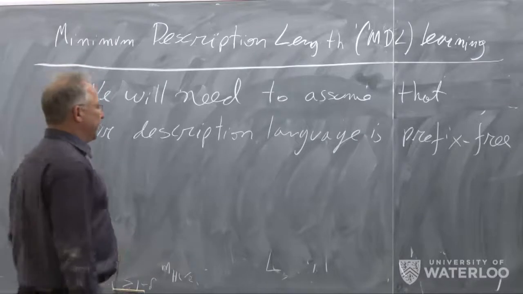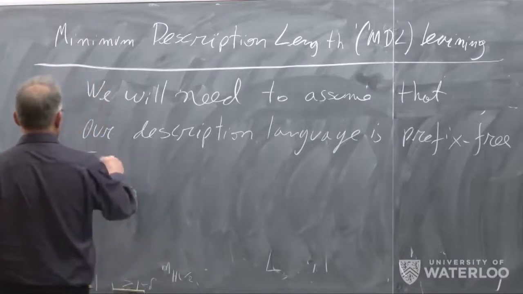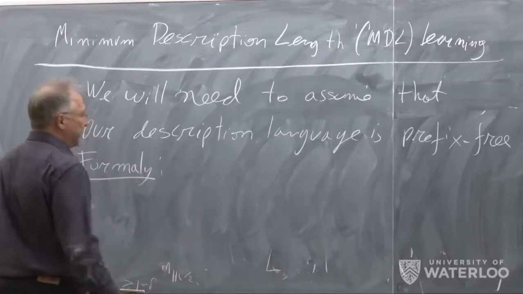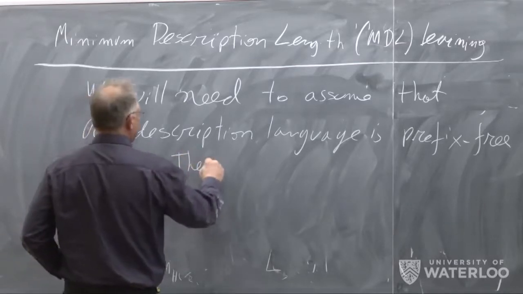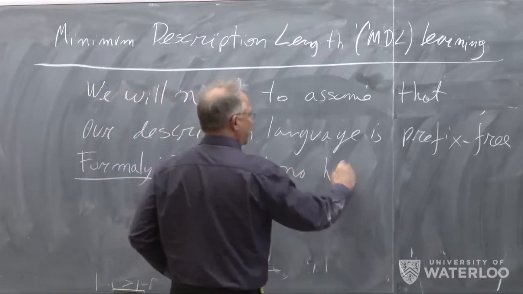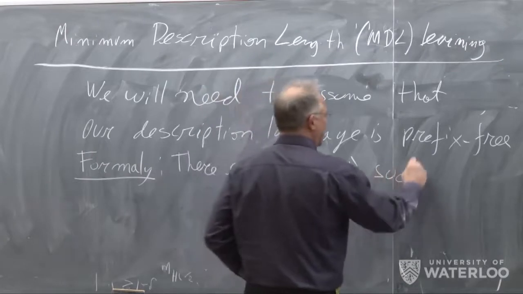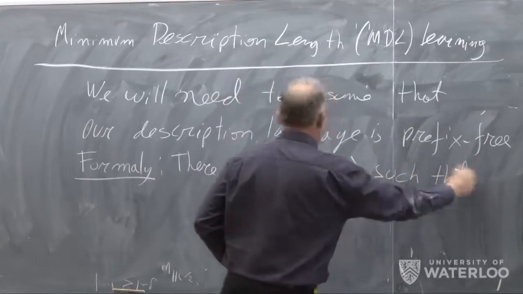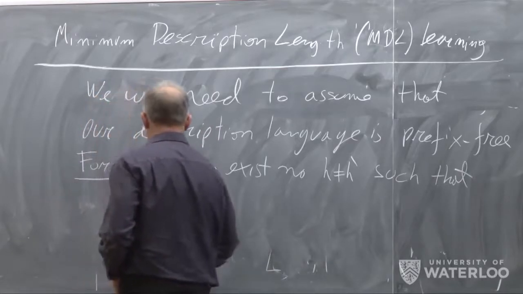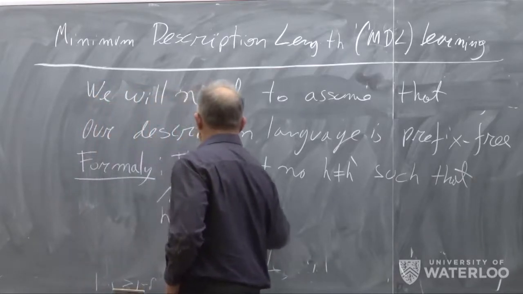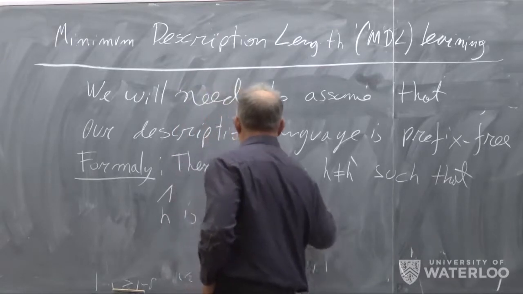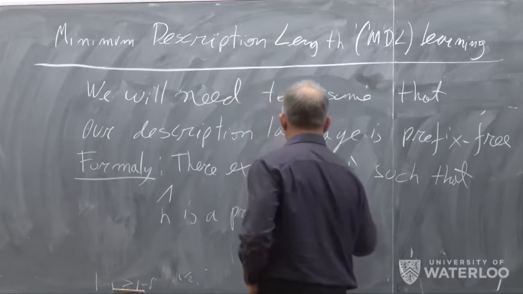So formally, what it means is that there exists no h different than h prime such that the description of h is a prefix of the description of h prime.